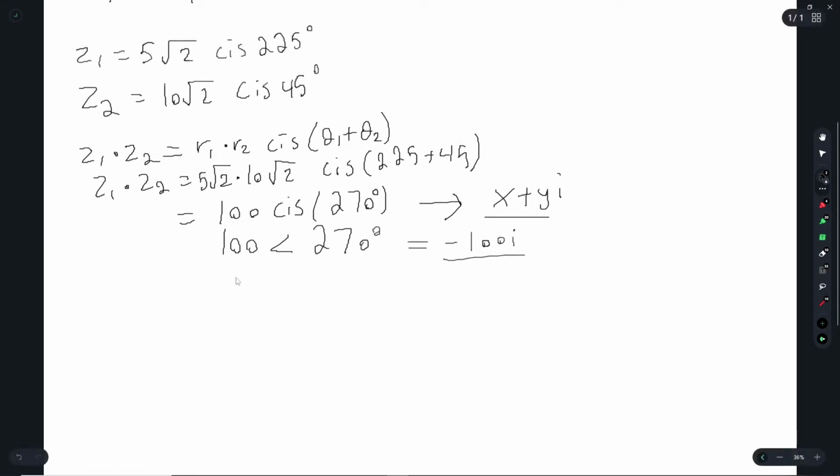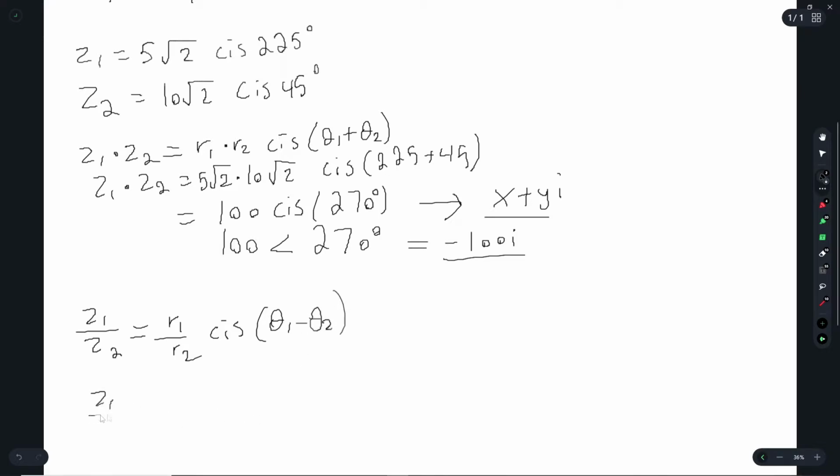Okay, let's divide them. So z1 over z2 is r1 over r2, then cis theta 1 minus theta 2.